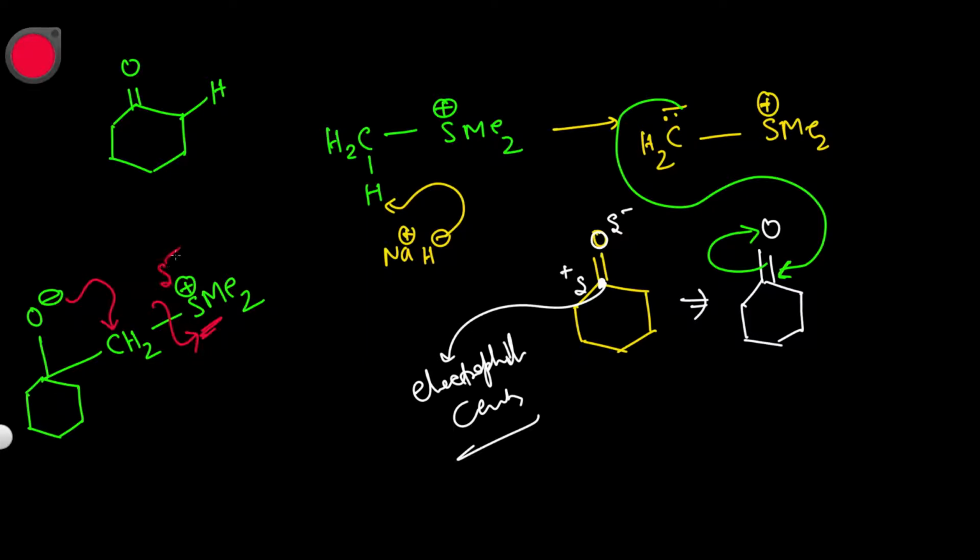Here is a delta negative and here is a delta positive, because sulfur is more electronegative and carbon is less electronegative. So this O minus will attack this carbon, and this SMe2 will leave in a neutral form. Now you will get a product something like this.